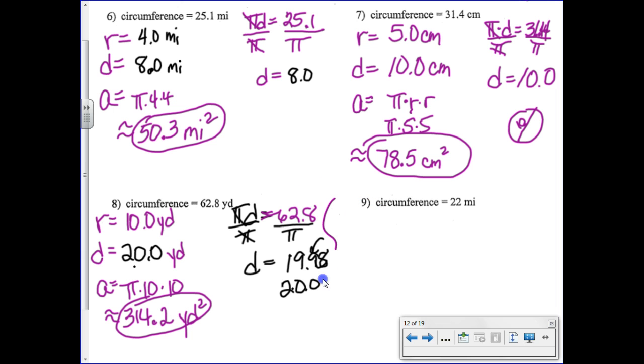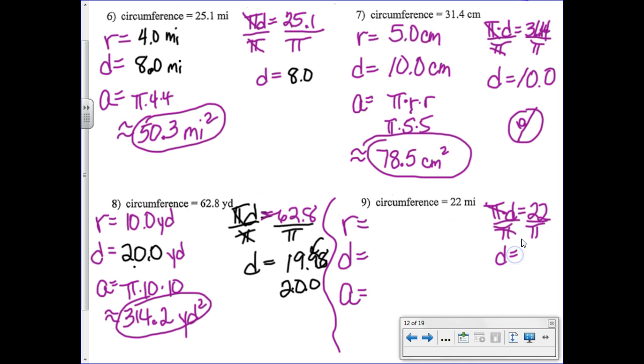Okay, problem number 9. Again, you need to give me the radius, the diameter, the area. If the circumference is 22 miles, that means pi times the diameter is 22. And to solve it, you need to divide both sides by pi.